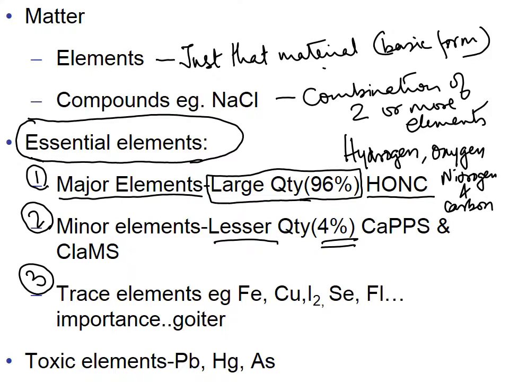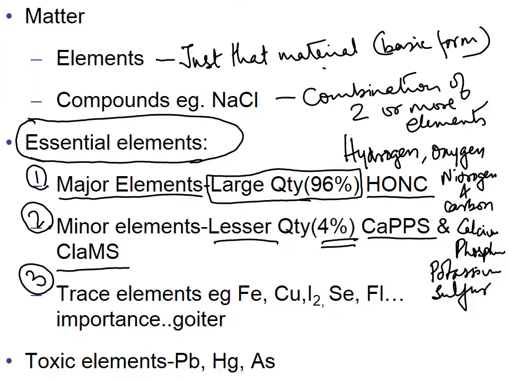So I have divided it into a mnemonic, which will help you remember the entire list. It is composed of CAPS and CLAMS. Now, what is CAPS? Ca is your calcium, phosphorus, and then you have potassium, and then you have sulfur, okay.